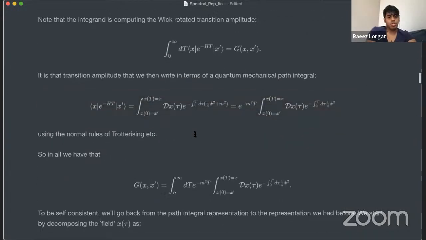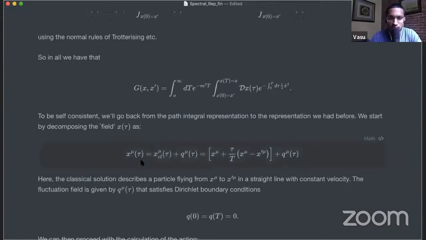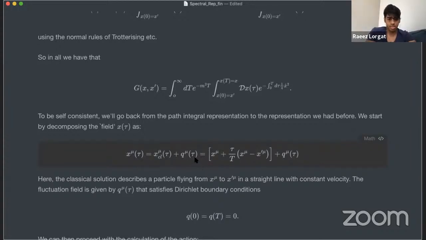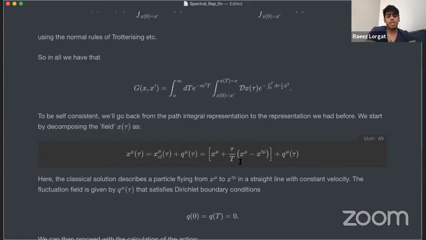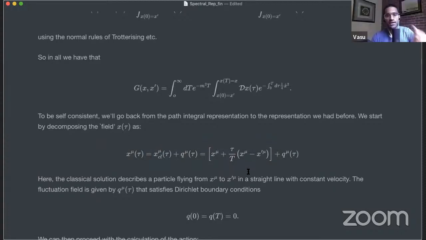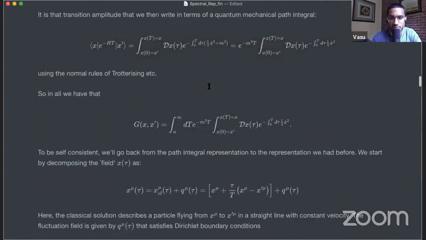Now, what you can do is verify that these are the same thing by splitting up x into a classical piece and a fluctuation piece. Classical piece is just the straight line trajectory to go from x prime to x at a constant velocity with duration big T. So this is making some kind of metric assumption, right? Like we're really using flat space here. Yeah, correct. Well, here already when I write this as x dot squared, I'm already in flat space.